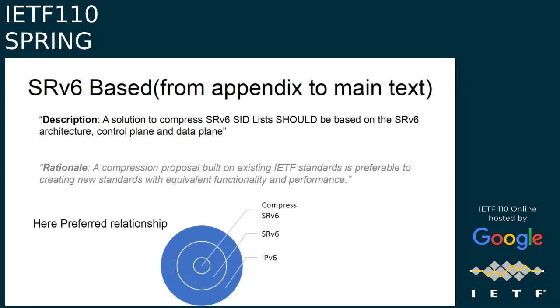And the second one is to consider proposals that are not based on the SRv6 data plane and the control plane. As such, this document includes the requirements to evaluate whether the compression proposal provides all the functionality of SRv6. Next page.